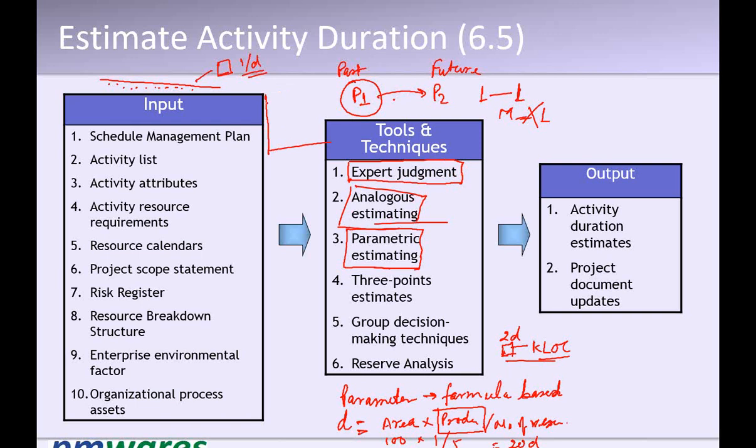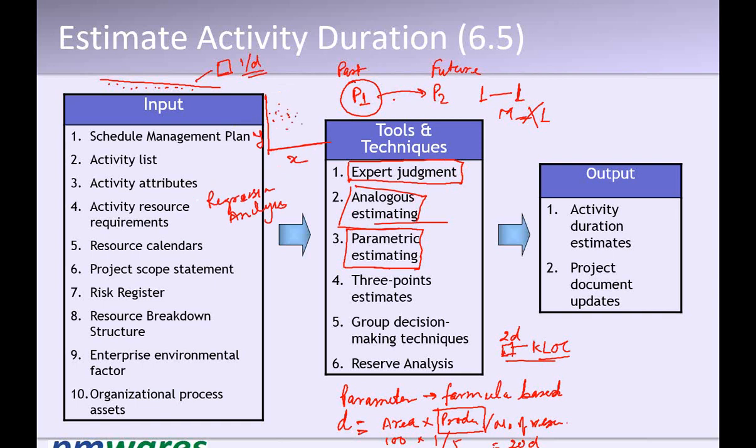When I identify a relationship, this is called regression analysis. In this, there is a parameter X, there is a parameter Y, and I put up dots here based on my experience on various projects.